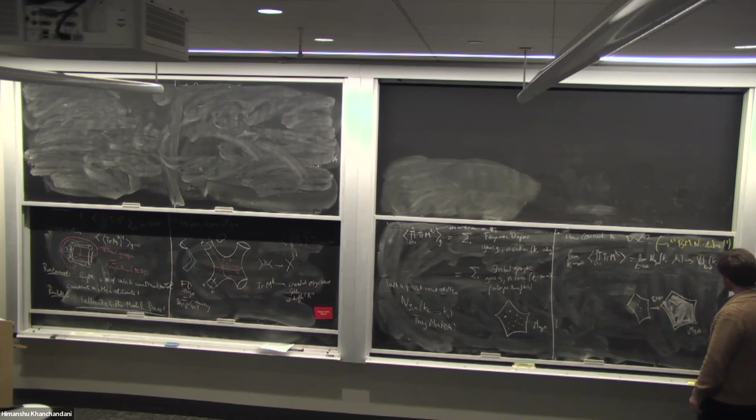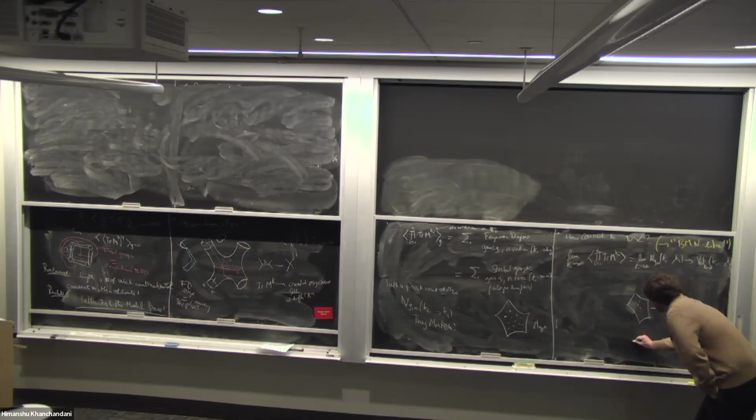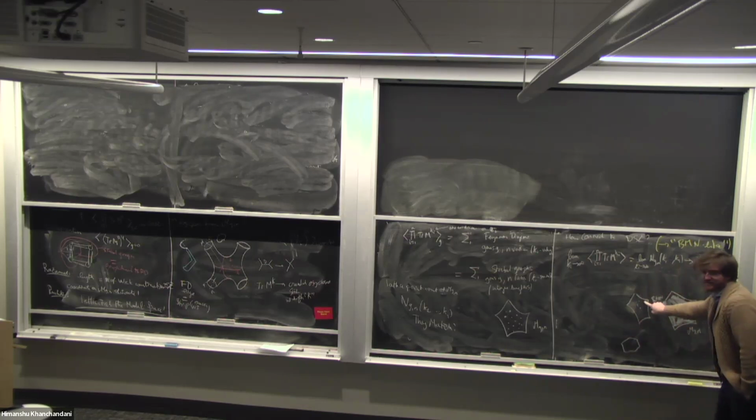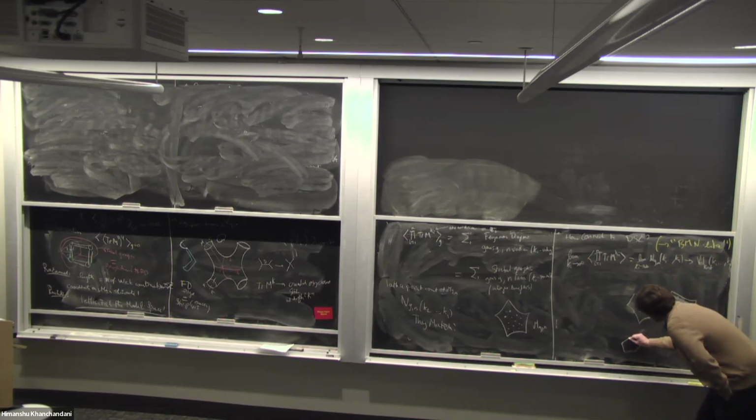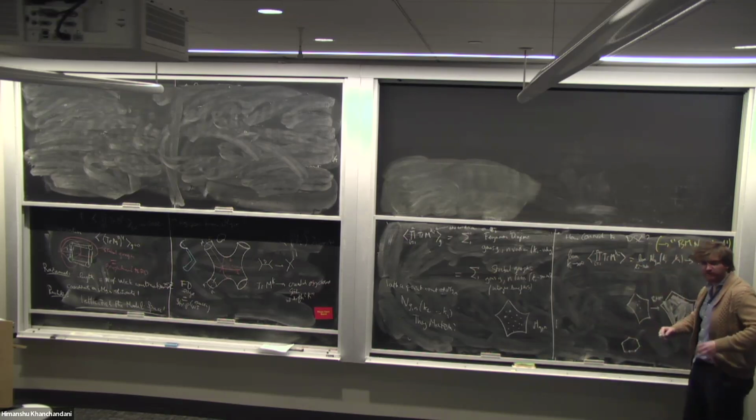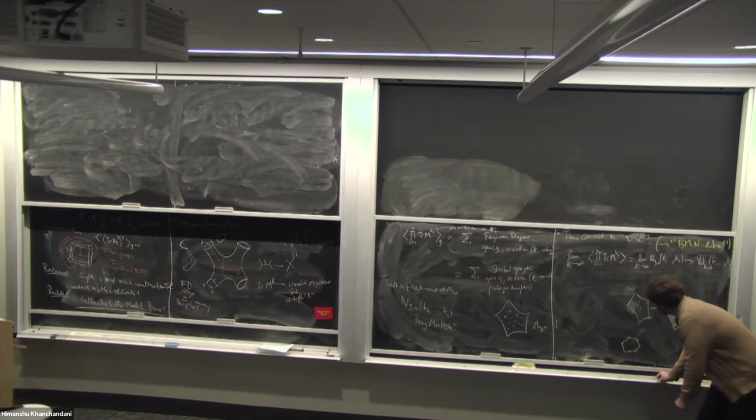Let me try to tell you physically what's going on over here. Remember we said that these diagrams are very similar. The thing I'm drawing right now is a closed string, it's not this moduli space. And we were saying that each of these strings is built out of some discrete number of string bits. They're kind of like rigid rods, if you want.